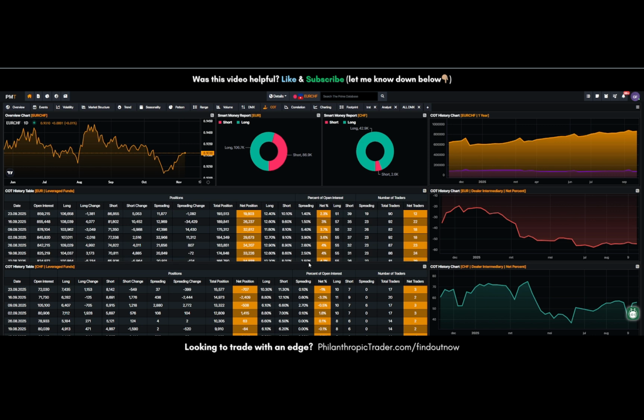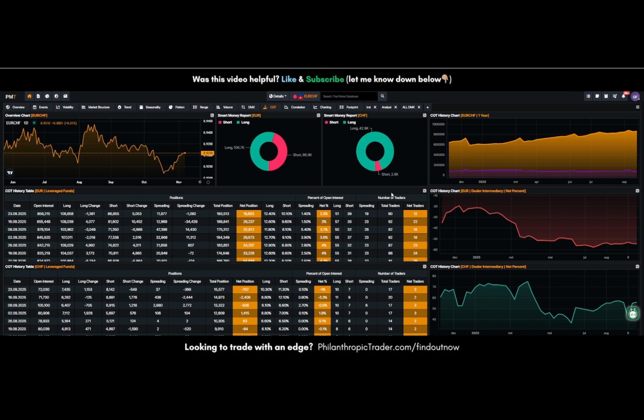So at the moment the majority of the smart money, and by smart money I mean the banks, the hedge funds, the pension funds, asset managers, all these institutions or companies that manage a lot of money, big money, they're considered smart money.